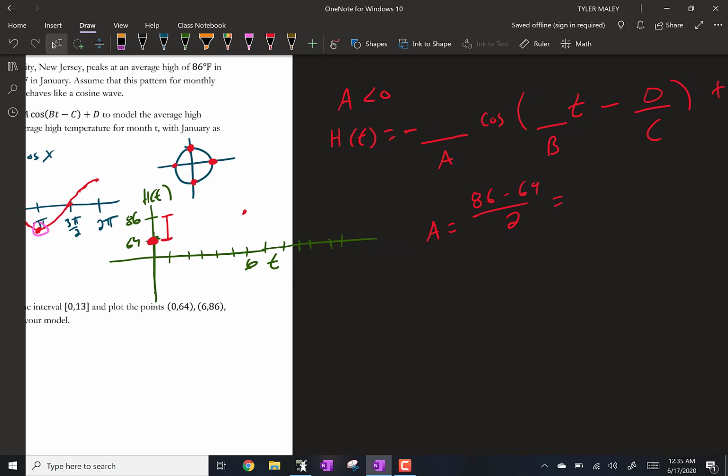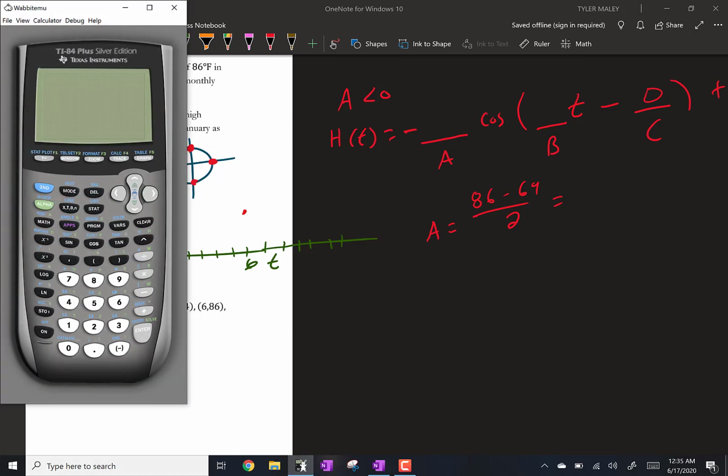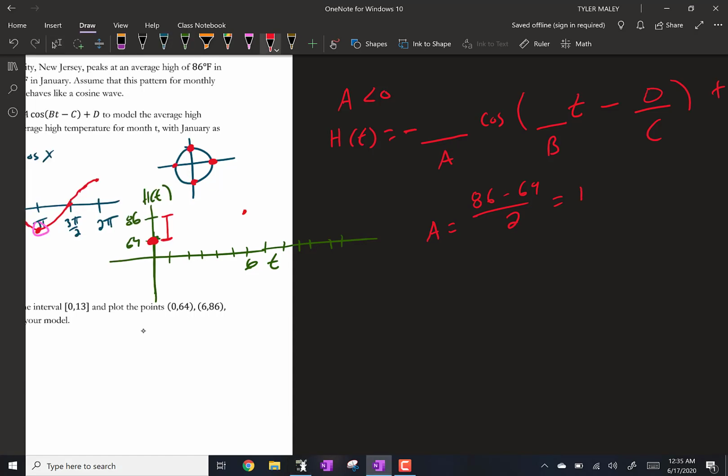If you want, you can use your calculator really quick. 86 minus 64 divided by 2, we get 11.